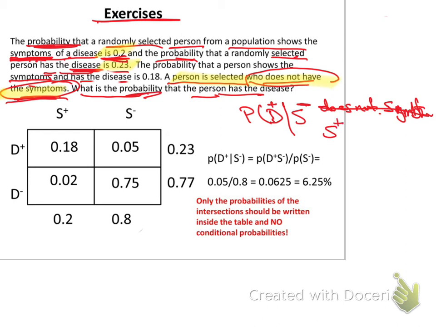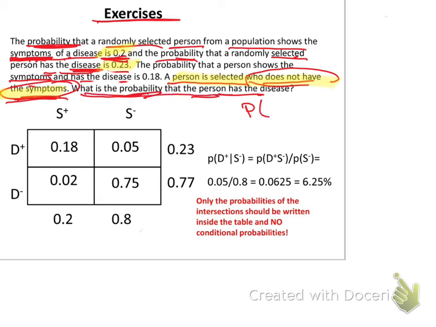If we write S positive, symptom present. Here symptom is not present, he doesn't have it. Disease positive, he has the disease. Disease negative, he doesn't have the disease. So the question will be probability of disease positive, given what? That he doesn't have symptom, symptom negative. Okay, let us answer it here together.